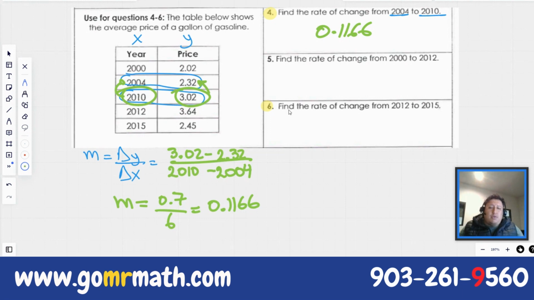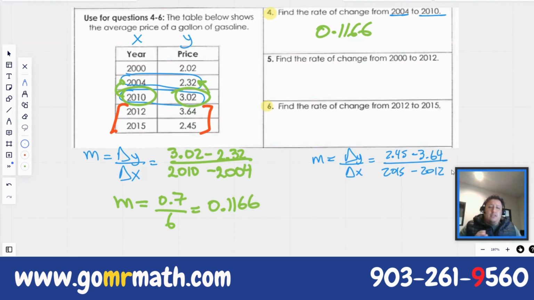It says find the rate of change from 2012 to 2015. Exactly the same concept. We have the slope, which is the change on y divided by the change on x. The change on y will be 2.45 minus 3.64, over 2015 minus 2012.